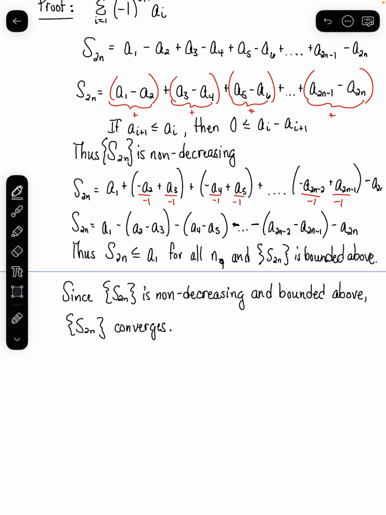Now, again, as with most series, we're not particularly concerned with what it converges to, just that it does converge.